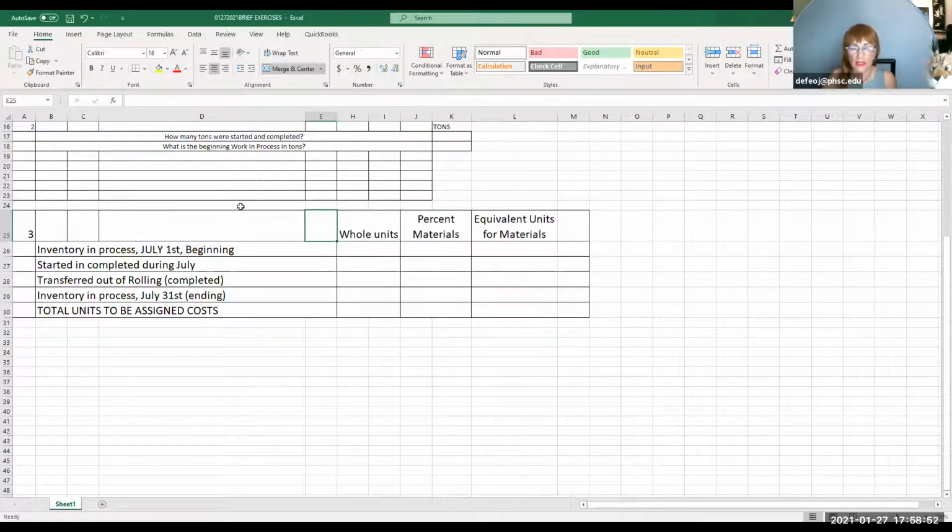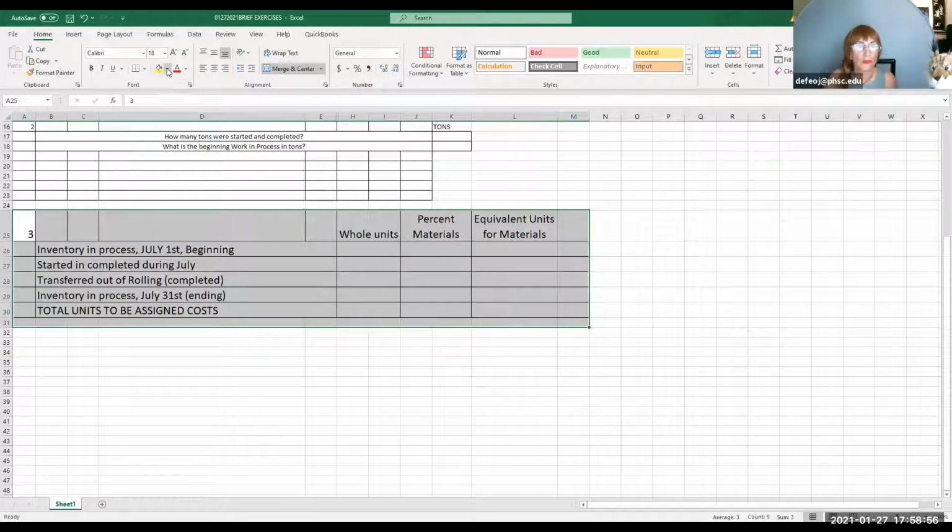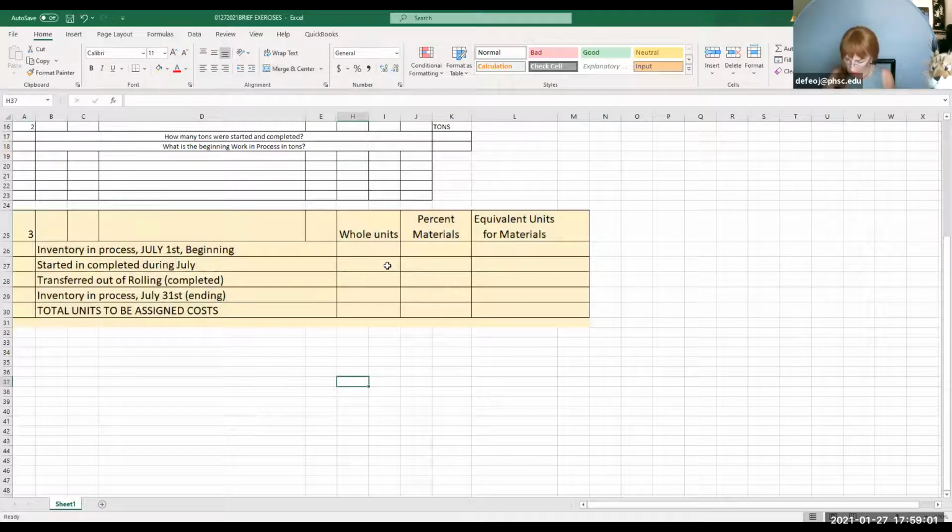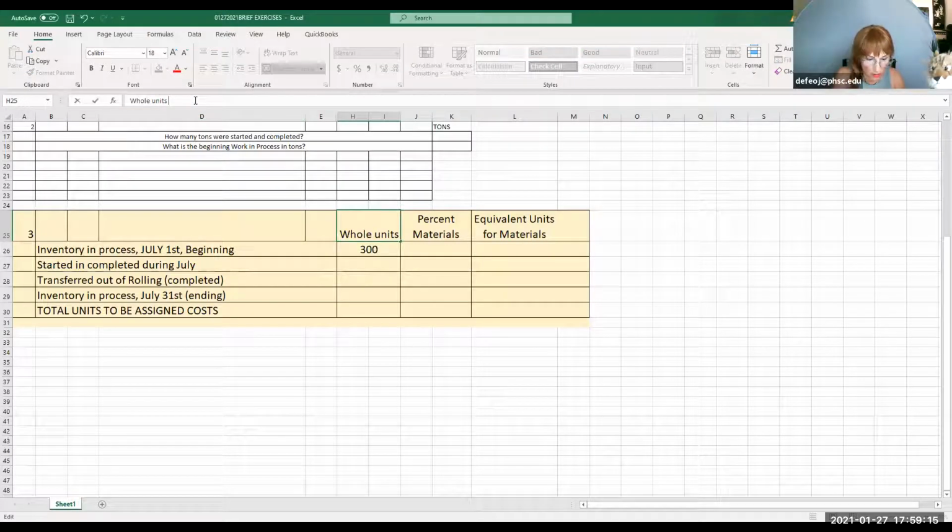So basically, I set this little schedule up. I'll highlight it so you see what we're doing. They tell us that there's 300 tons, so I'm going to put 300 tons as the inventory at the beginning. I'll also put "tons" in here, so you know that it's not dollars.